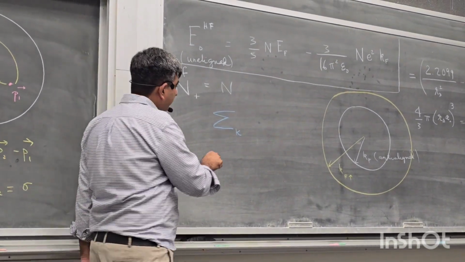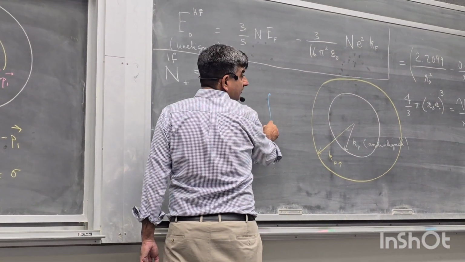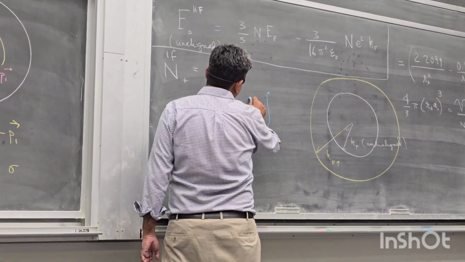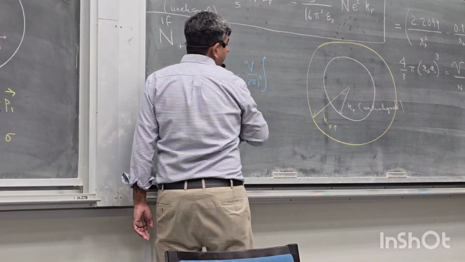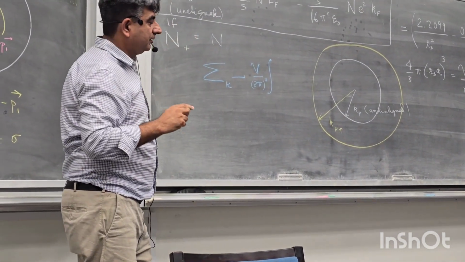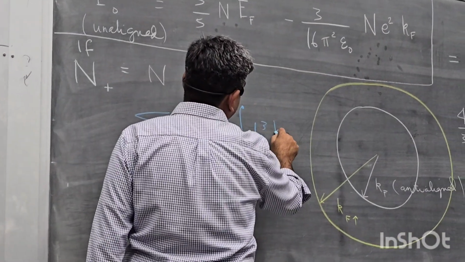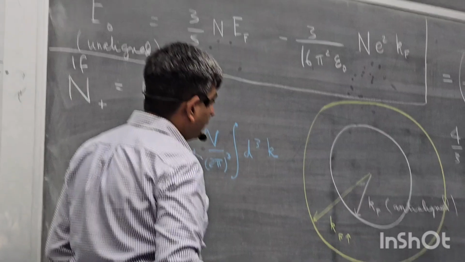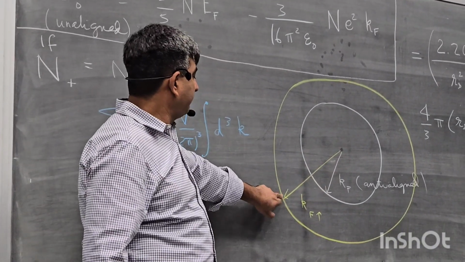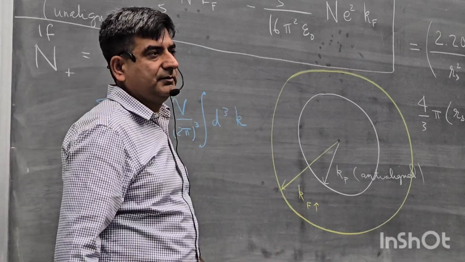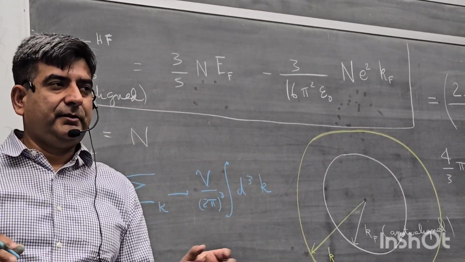Your spin counting is going to replace this sum over k's by an integral. V over 2 pi cube, d cube k, right? So from the zero point of the k space up till kF, I want to break this volume integral into 3 parts.